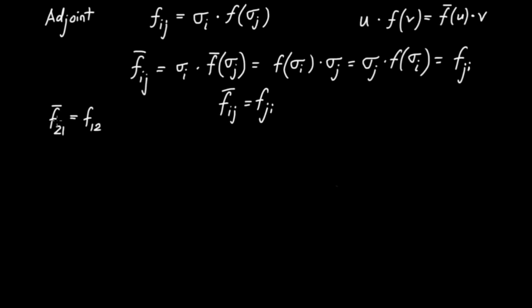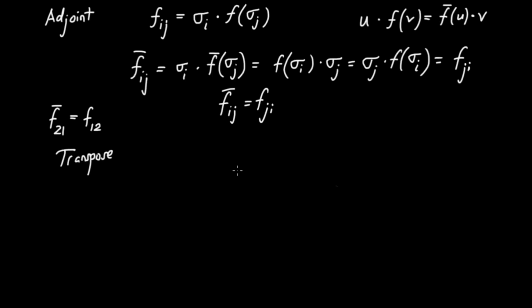So the 2, 1 entry in the adjoint is equal to the 1, 2 entry in the non-adjoint, just f. And again, if you know a little matrix algebra, you can see that this highly suggests that the adjoint is going to have something to do with the matrix transpose, which is when you swap rows and columns.